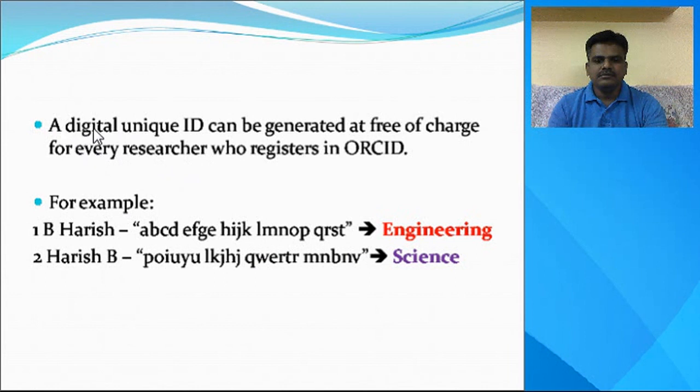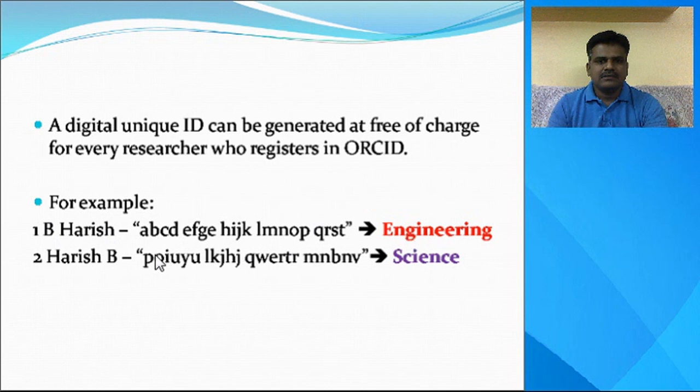An ORCID is a digital unique ID which can be generated free of charge for every researcher who is registered on the ORCID website. For example, you can see here there is one author called B. Harish. He belongs to the engineering discipline.